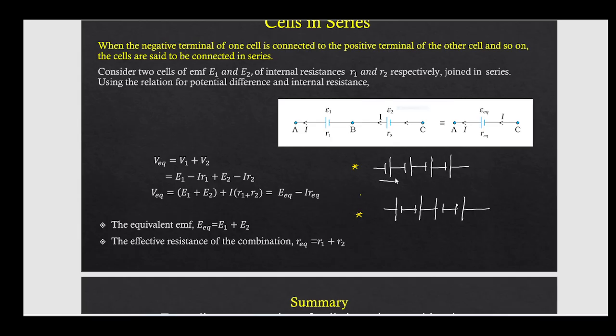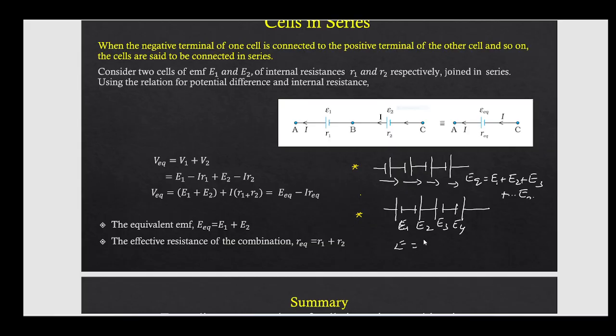So if you have this kind of series like plus minus, then you can directly write E equivalent is equal to E1 plus E2 plus E3 and so on up to En. Okay, so if you have EMF like this, let's consider this is E1, EMF of this one is E2, this is E3, this is E4. So what happens?